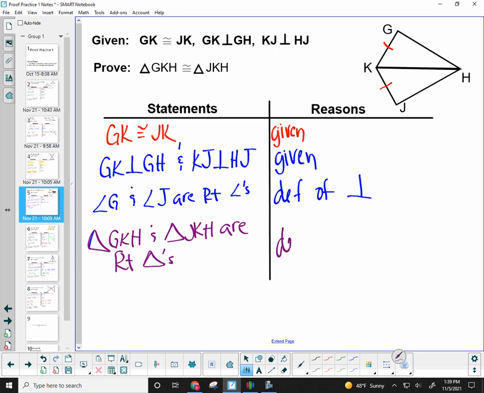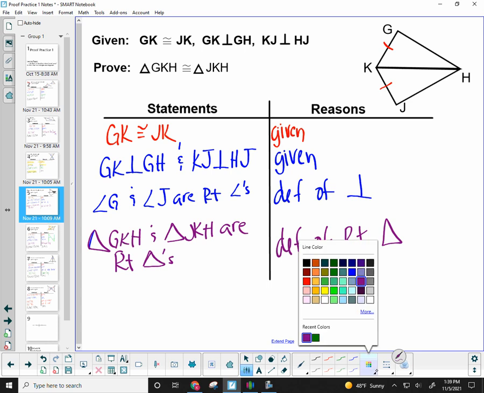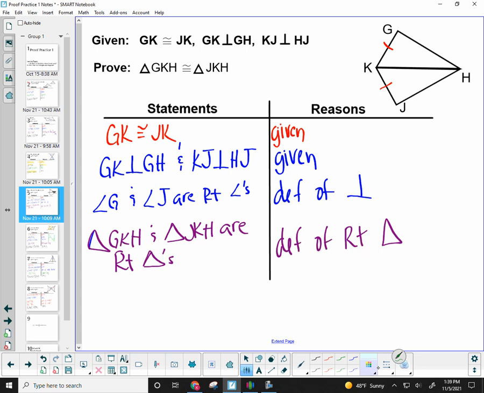So this is definition of right triangle. Okay, so we've set ourselves up to be able to use hypotenuse leg. We have our leg. We still need our hypotenuse, right? Where are we going to get our hypotenuse from? KH is congruent to KH because we have the same segment.